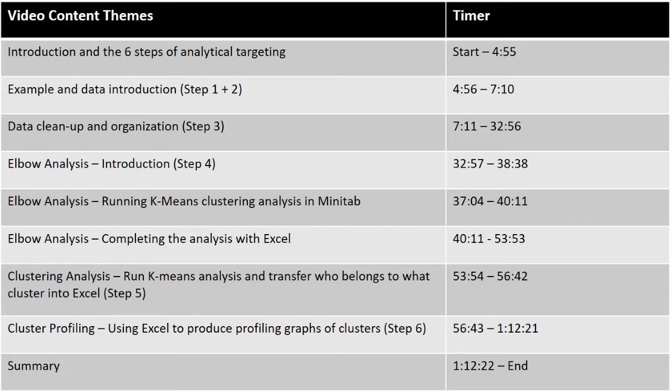Then we will do the k-means clustering analysis for the optimal number of clusters and transfer that into Excel in order to identify who belongs to what cluster. And then we will do the cluster profiling. I'll show you how you do the Excel analysis, how you create the data that can be used for profiling, and then how to create the graphs based on the profiling data. And that's what this video is all about.